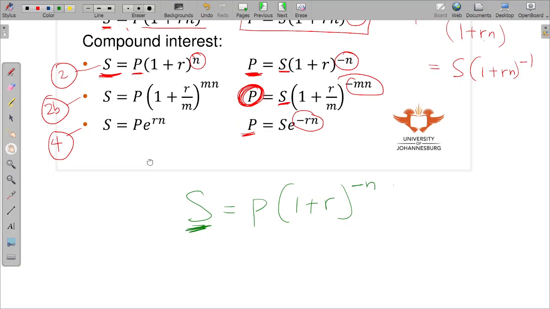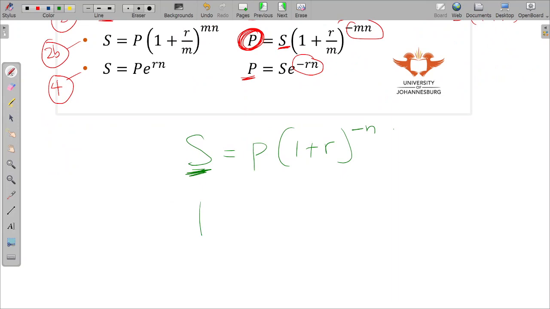Or don't write it the other way round. No, this is wrong because we are looking for the present value. The exponent or the power is supposed to be negative and not positive.